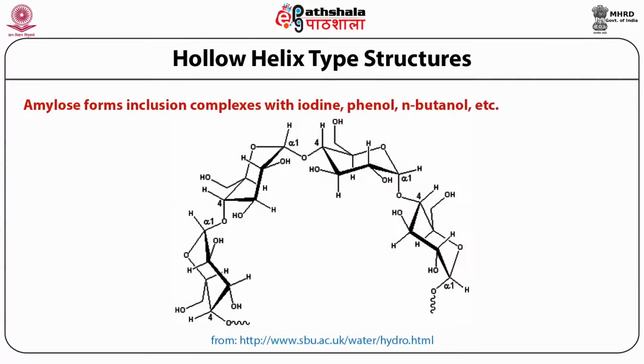Amylose forms inclusion complexes with iodine, phenol, and N-butanol, etc. Because amylose is a conformationally flexible molecule, it can make bonds with iodine or phenol or N-butanol. Because of its nature, it can orient and reorganize itself and make such a compound within itself. That kind of possibility is there in case of bulky molecules.